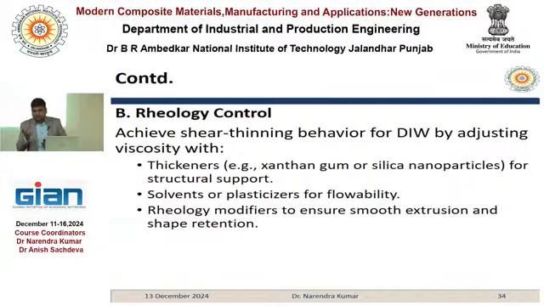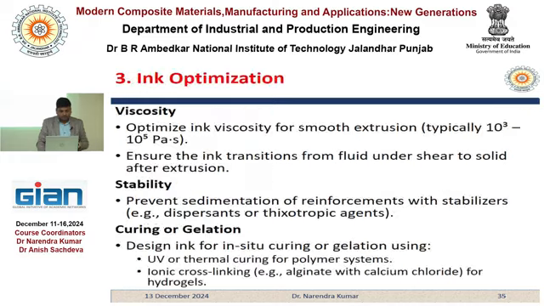If it is too viscous, you will not be able to extrude it. If it is too liquid, it will flow on the surface, it will spread immediately after coming out from the nozzle, right? So that is why it is very important to control its rheology. You can control it by using plasticizer or thickener, which are available. Viscosity, stability, loading the ink into the nozzle, these are the steps.